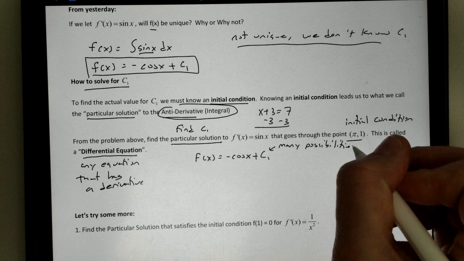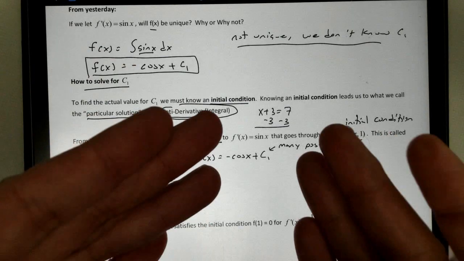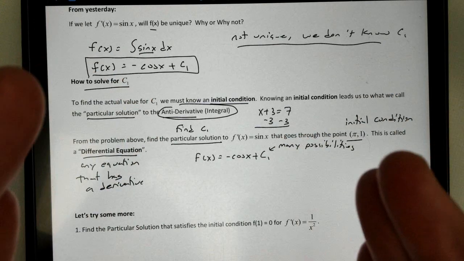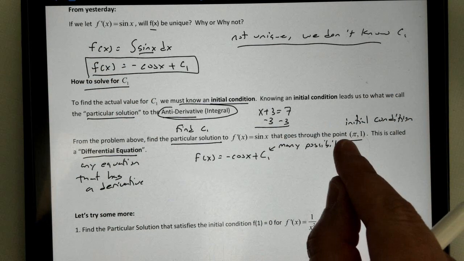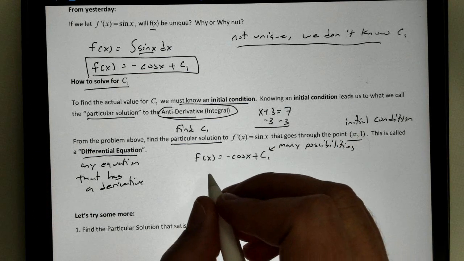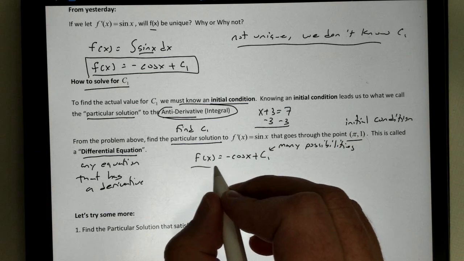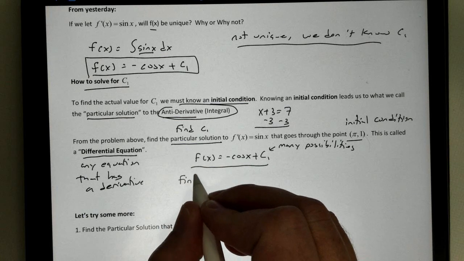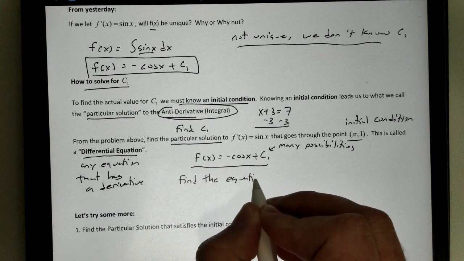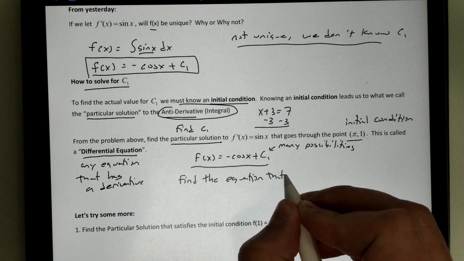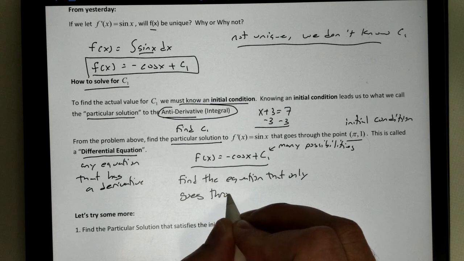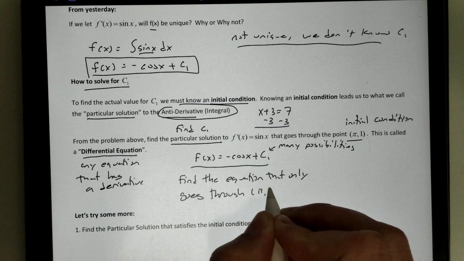In other words, there could be an infinite number of constants that will make this function work. But we only want the one that goes through the point (pi, 1). So what we're trying to find is the function f of x that only goes through the point (pi, 1).